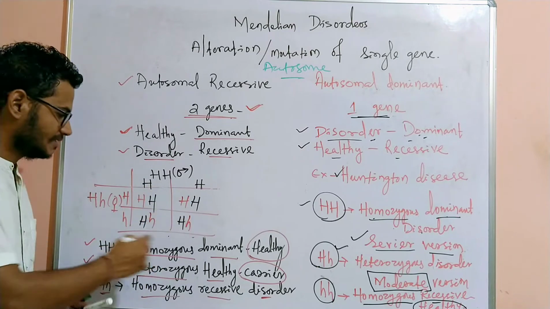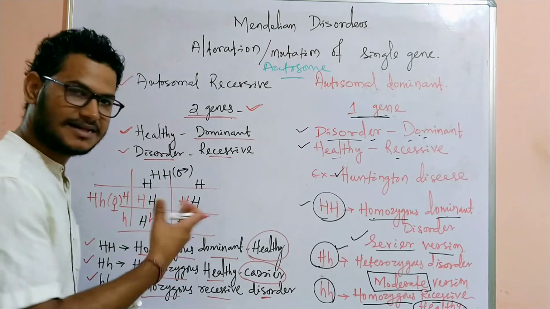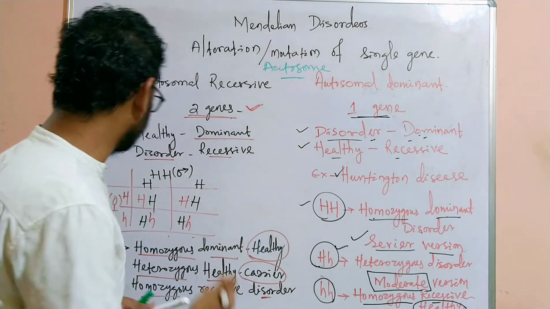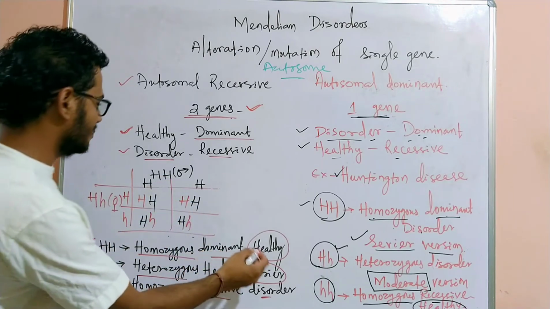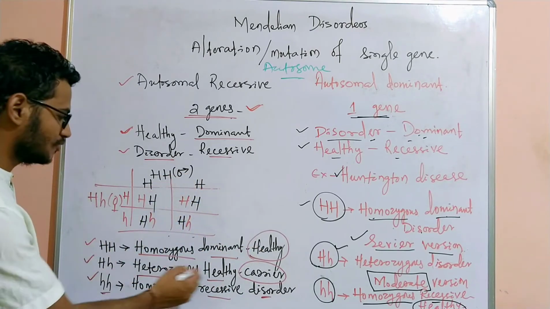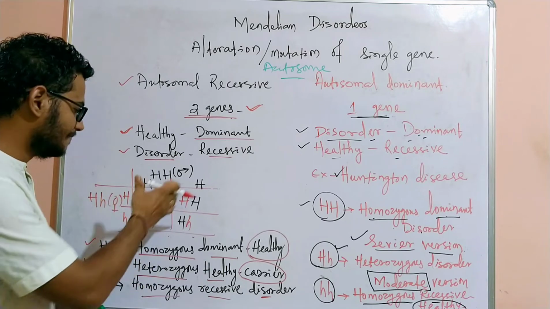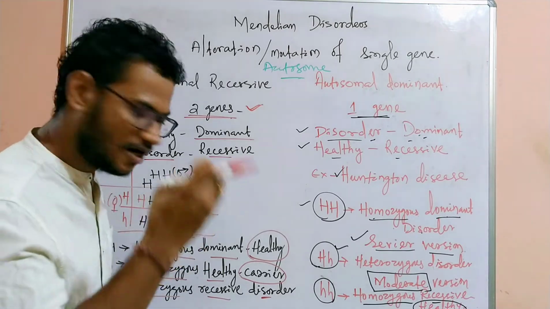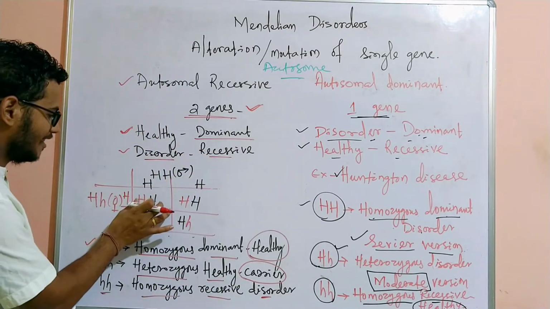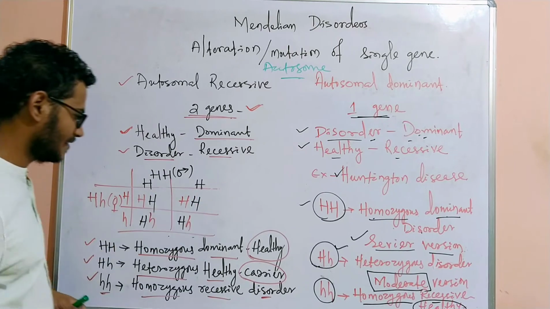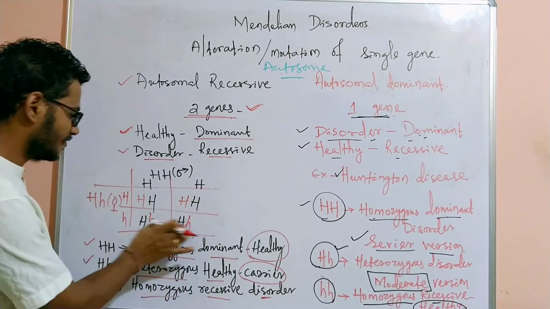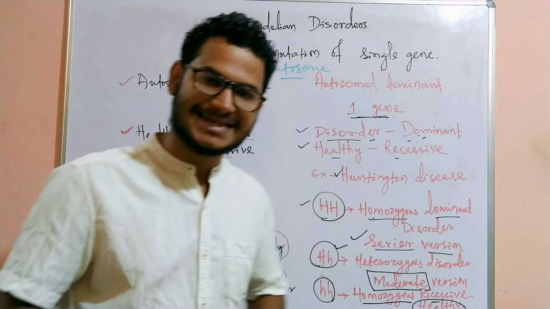So the condition here we will find as a result of cross between the homozygous dominant or healthy father and heterozygous healthy, means carrier mother. The offspring that we obtain from this cross, we will have 50% of healthy individuals and 50% of carriers.